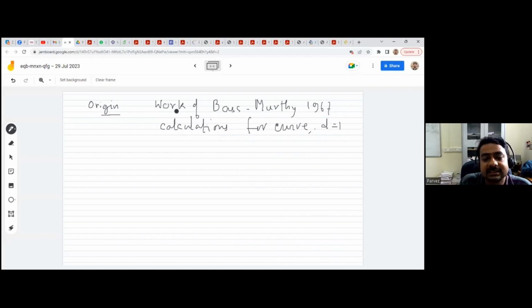So this is 1967. Then in 2001, Weibel, in his paper, this is also a very nice paper, it appeared in Duke Mathematical Journal. There he proved it if X is an excellent scheme.